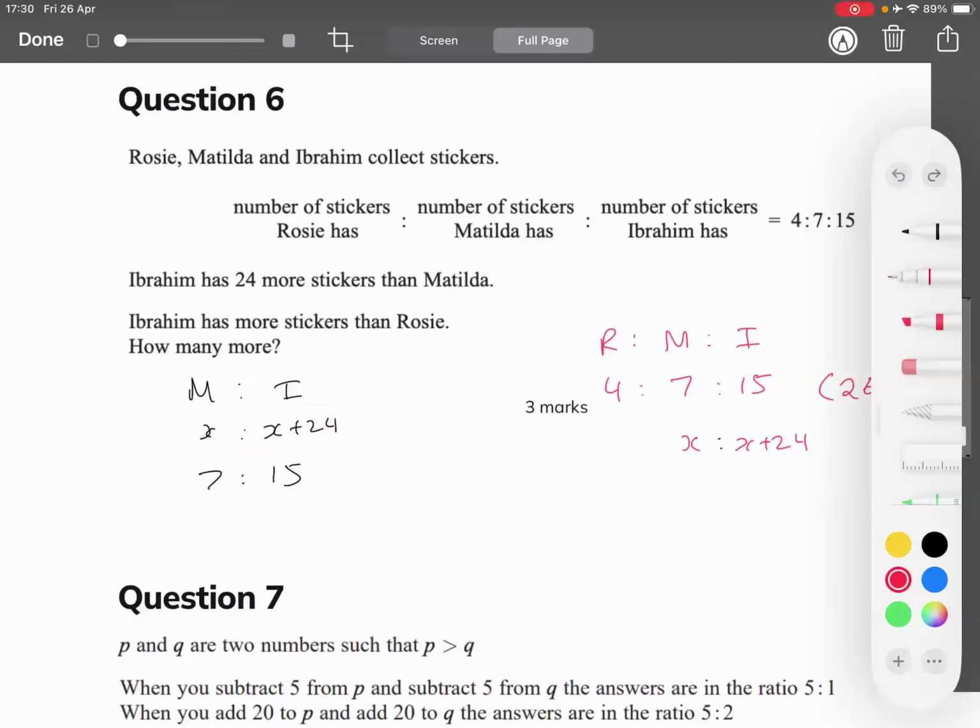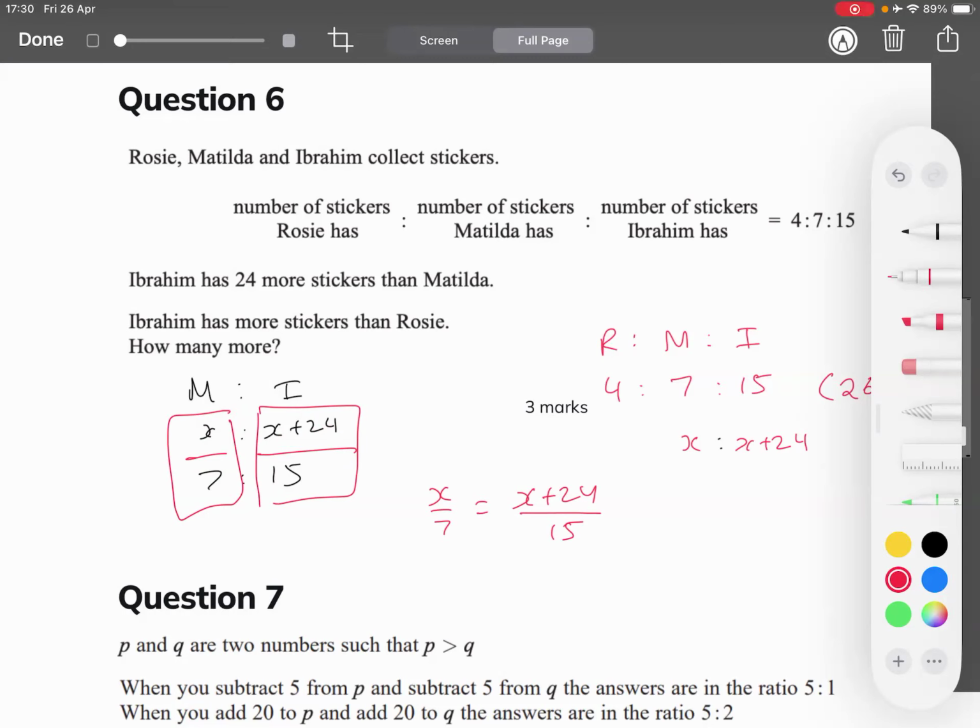But let's just always do this method. X over 7 equals X plus 24 divided by 15. I can turn a ratio into an equation if I have two ratios side by side.